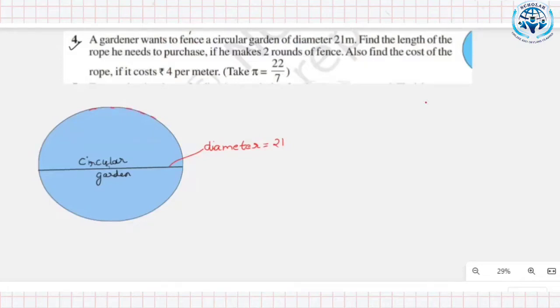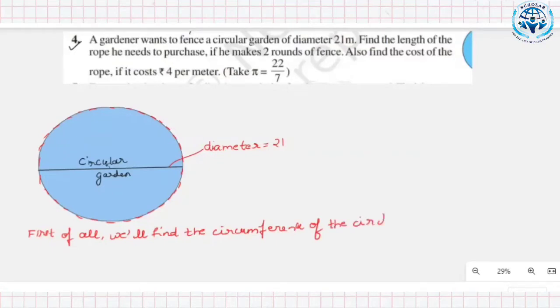Diameter is 21, so radius will be, this is the circumference, we have to find out this one. Radius is diameter upon 2, half of the diameter. First of all, we will find the circumference by putting the measurements in the formula 2 pi r.